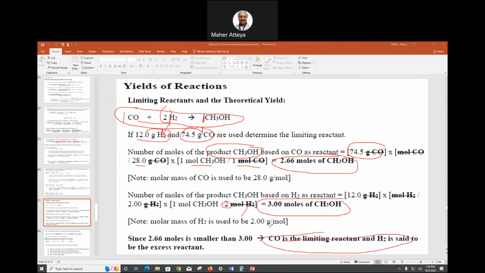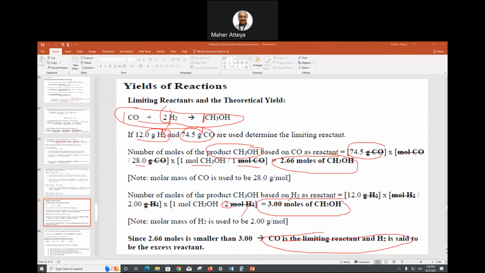Limiting means consumed 100% during the reaction, so there is no carbon monoxide present afterward. However, you will see part of the hydrogen left over, correct? Somebody tell me how much hydrogen will be left after the reaction. At least from the products you can tell.